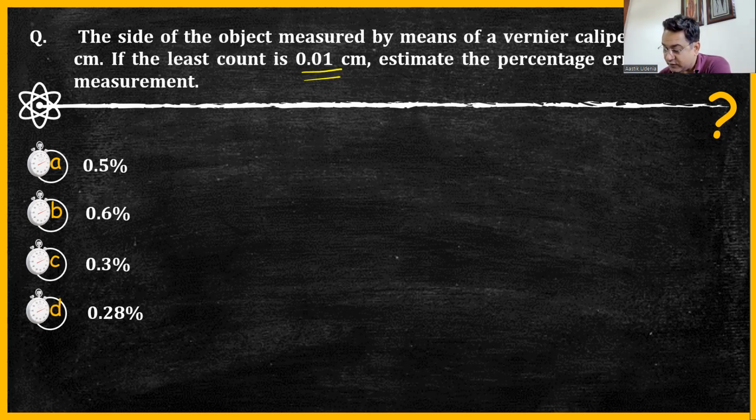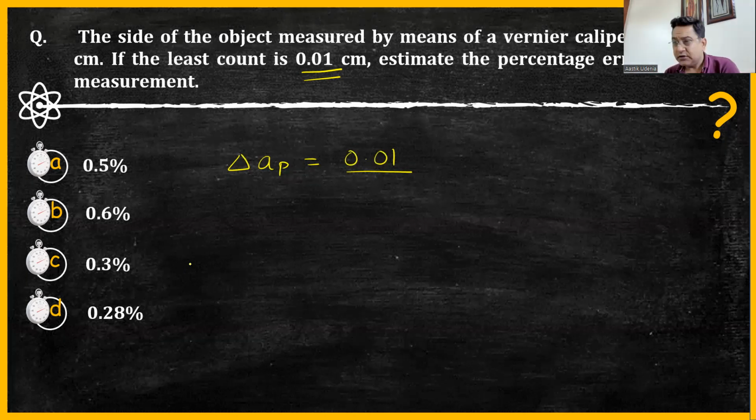So how will you find out the percentage error in this case? Remember, the percentage error in this case will be given by 0.01, which is the least count. That is the error that you will have, the maximum error that you can have. Do you understand this? Yes, sir. Because that is the level up to which you can calculate this. So the value, if you are getting from a vernier caliper, is 3.52.